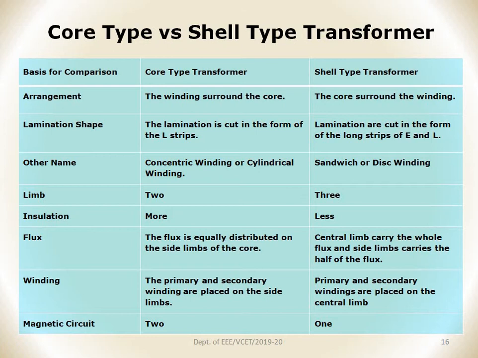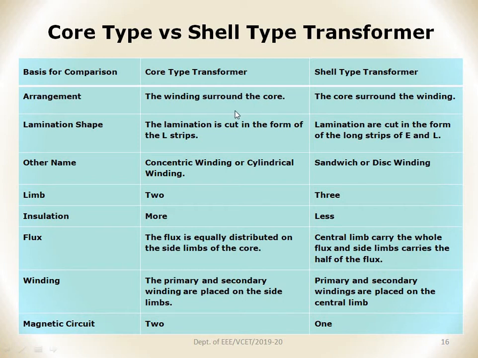Next we will have the comparison between this core type and shell type transformer. Based on the arrangement, when we classify, we can say that in the core type the winding surrounds the core, whereas in shell type the core surrounds the winding. So here the winding is kept in the outermost region, whereas here the winding is kept inside the core.